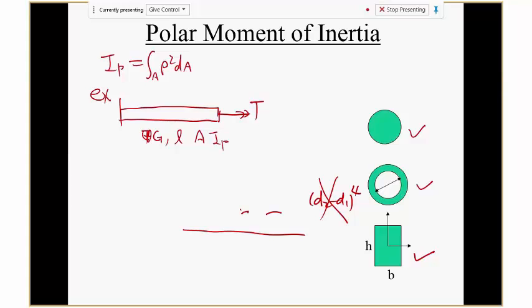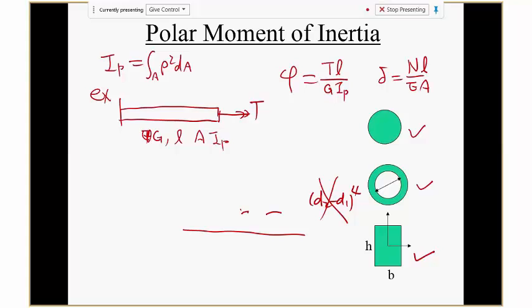Actually, A doesn't matter anymore because I need IP in the calculation. Remember this equation: phi depends on T, L, G, IP. So now IP replaces A in the equation. Remember we used to have delta equals N L over E A. So they're very similar, right?